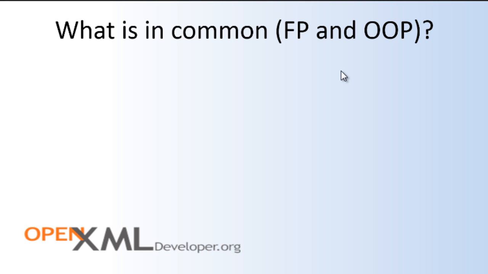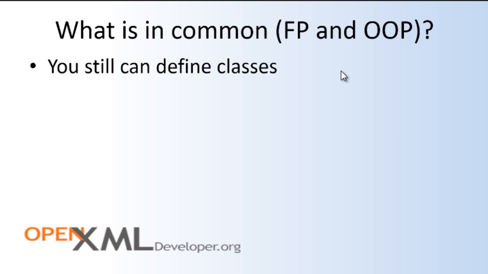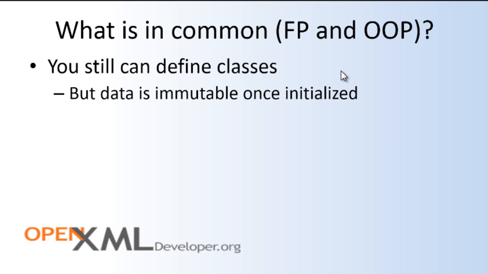So let's talk a minute about what's in common with functional programming and object-oriented programming. Well, you can still define classes in functional programming, but there's a key difference. Once you've instantiated the class, the data is immutable. That means you never go back and change values in an instance of a class.